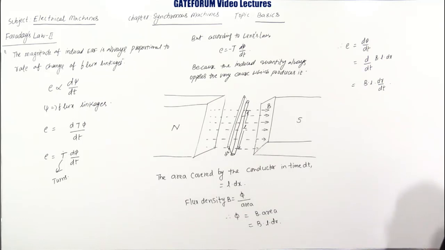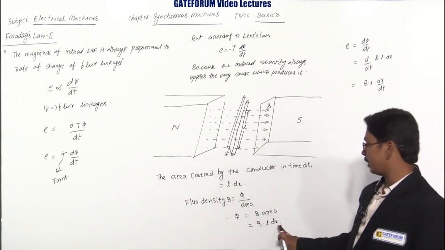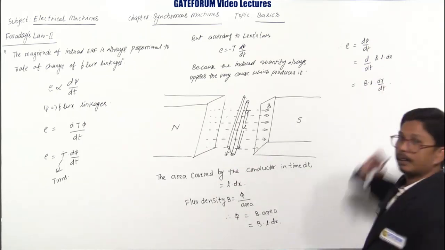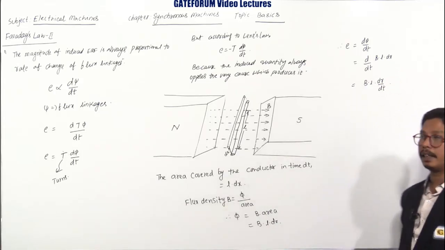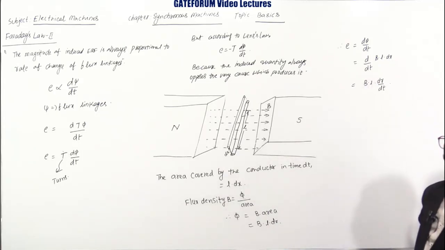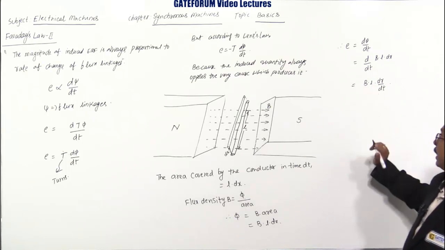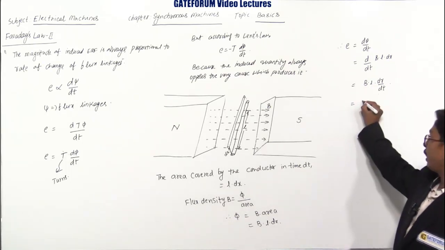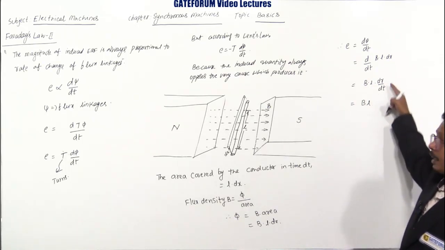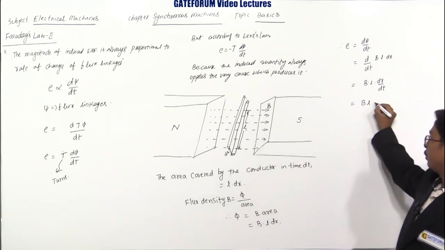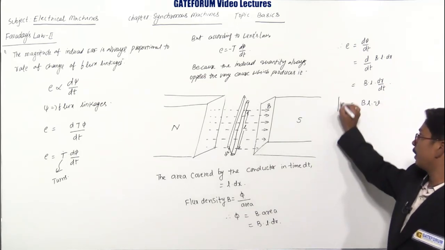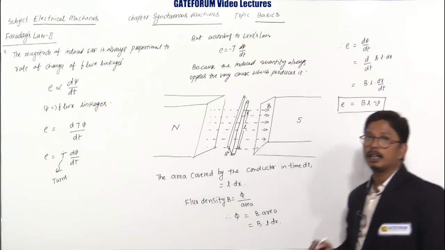Here dx by dt is the rate of change of distance with respect to time, so it will be velocity. Therefore the EMF induced E is equivalent to B into L into V.